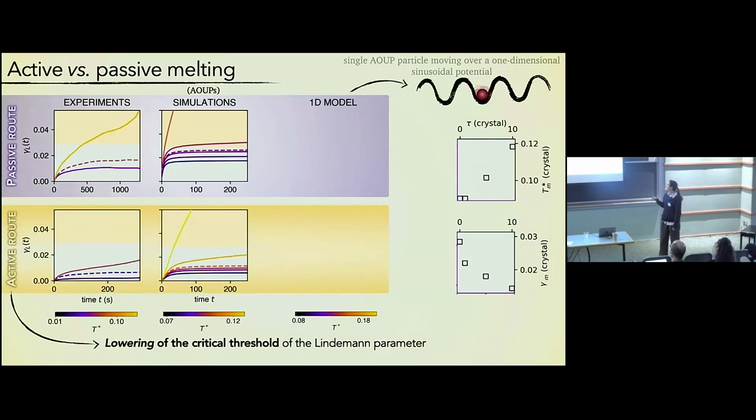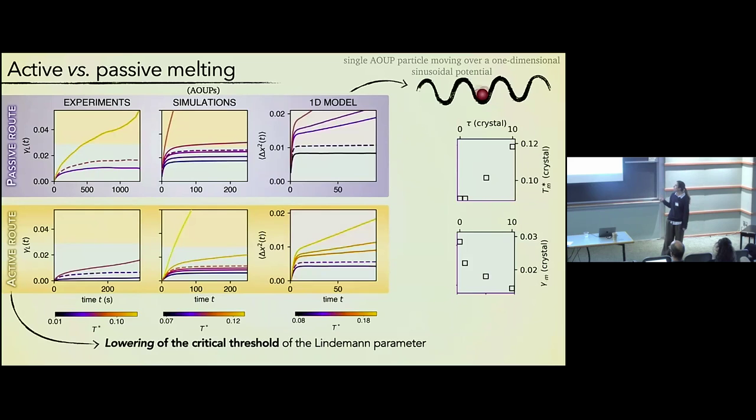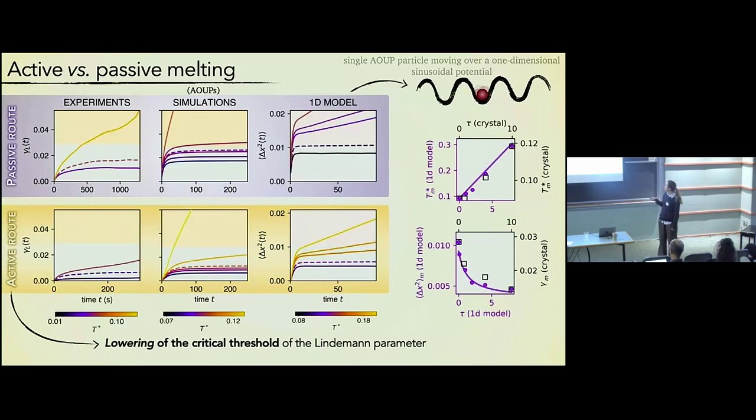We measured the mean square displacement, and we did see the same effect, that in active systems, when persistence appears, the threshold is much lower.